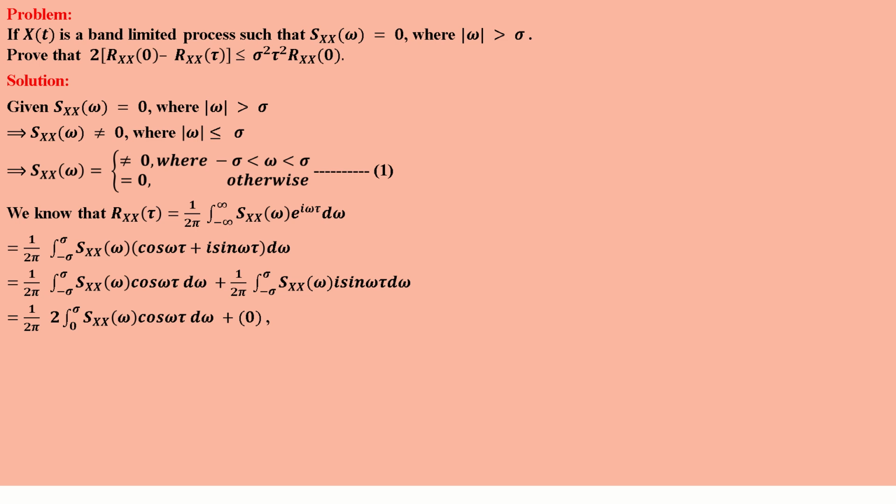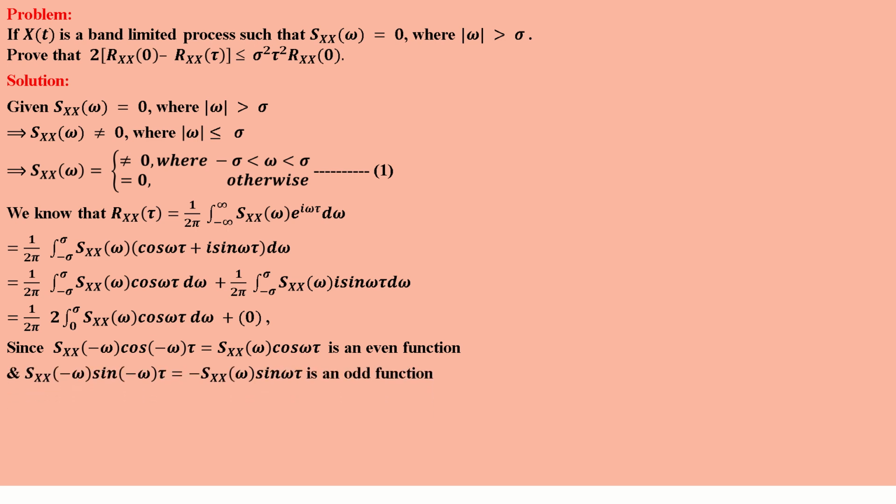Even into odd gives an odd function. So again we are using the property of definite integral. We will get that the integral minus sigma to plus sigma Sxx of omega i sin omega tau d omega is equal to 0. So the 2 and 2 cancel. You will get 1 by pi integral 0 to sigma Sxx of omega cos omega tau d omega, right? That is equation number 2.